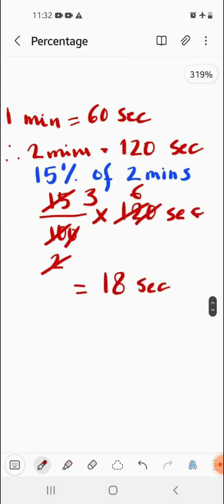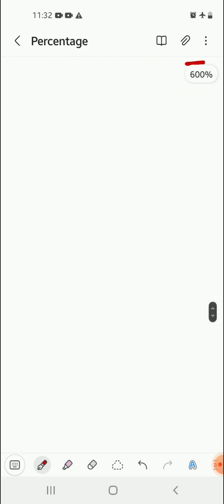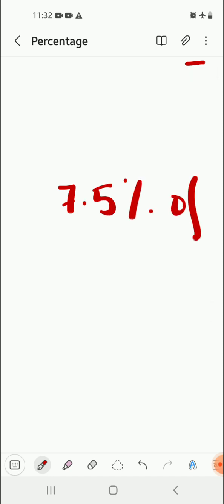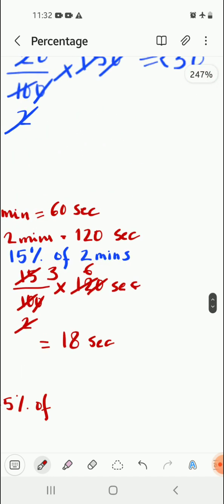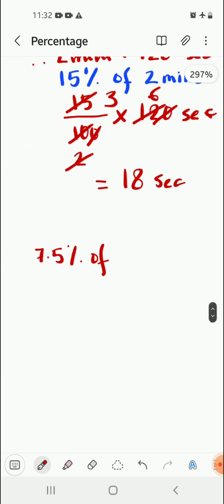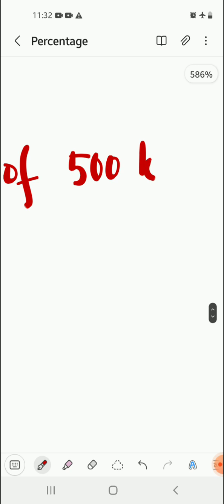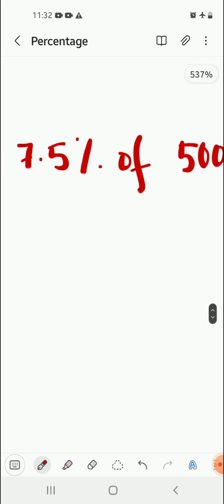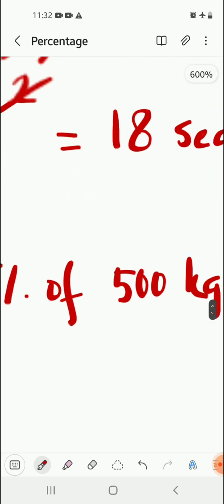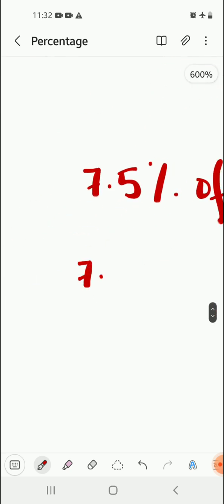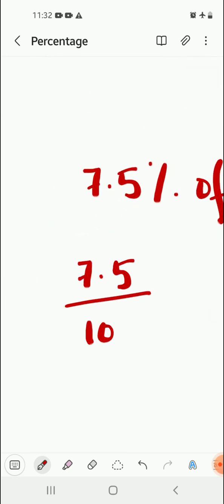7.5% of 500 kg. Over here as I told you, 7.5% of the question is 500 kg. See, in this case, the number given to us is quite big, 500. So we do not have to convert it into gram unnecessarily. We can do it directly. 7.5% means 7.5 divided by 100.